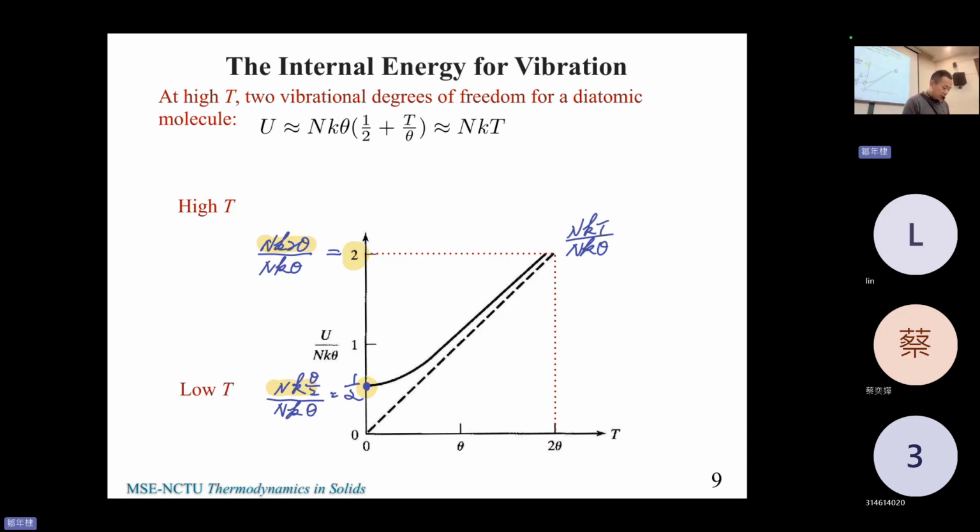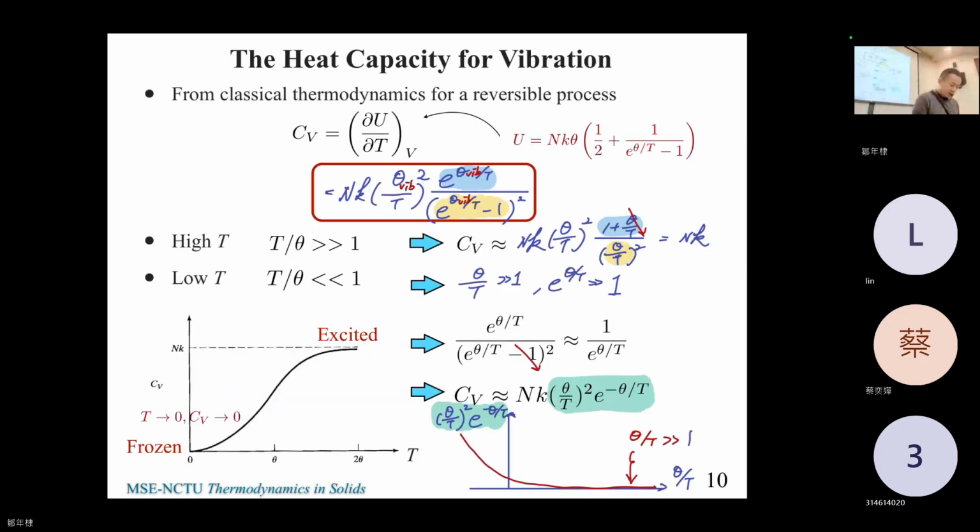High temperature is kind of like 2 theta, 2 times the characteristic temperature, and for example it will be excited. But if it is below like half the characteristic temperature, it is not activated, and it becomes zero-point energy, half h nu.